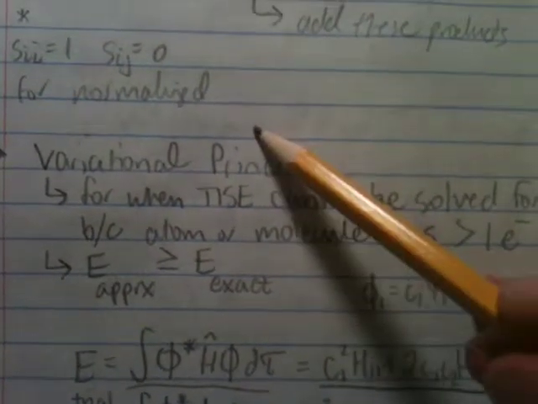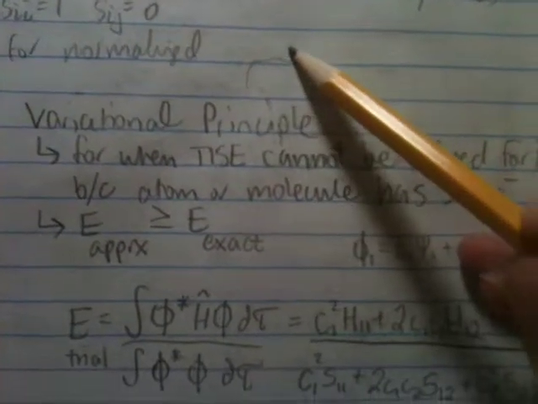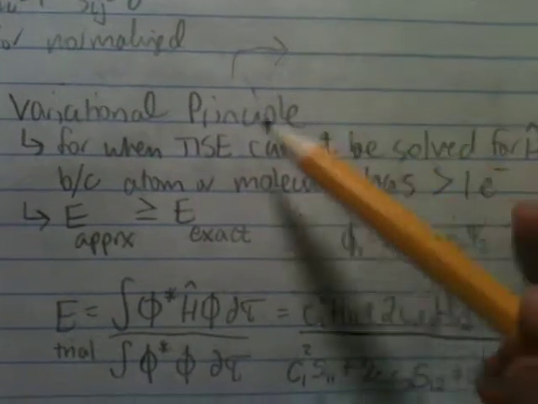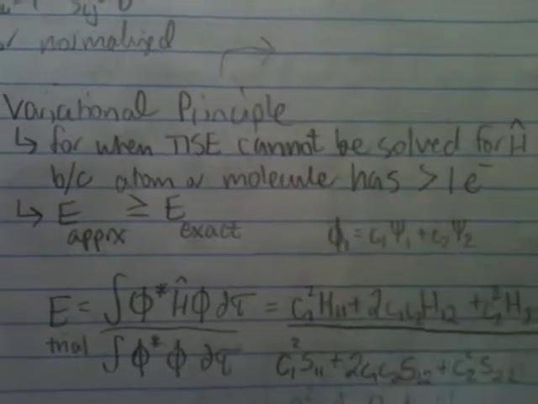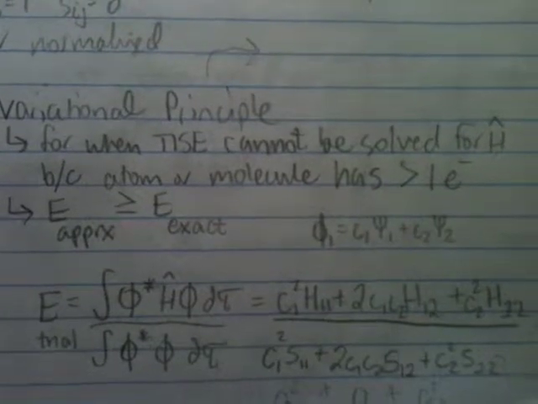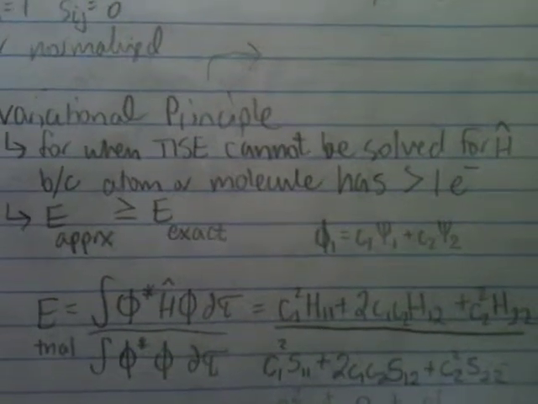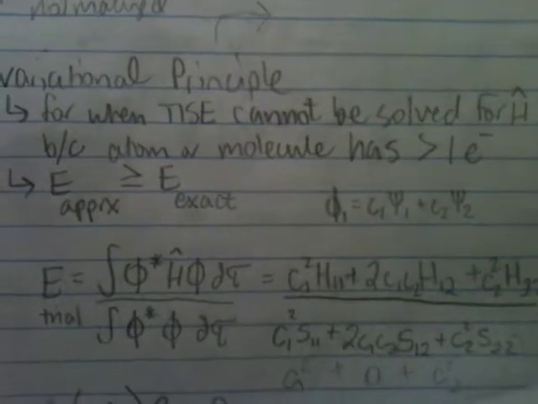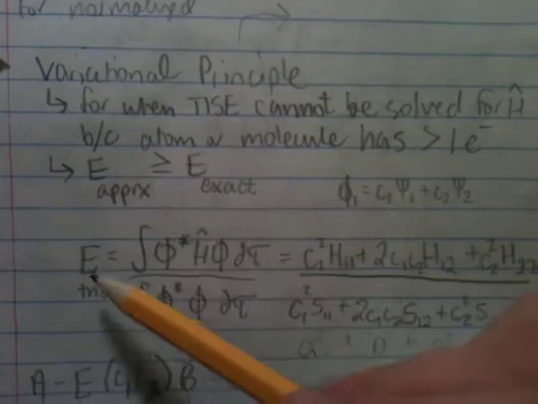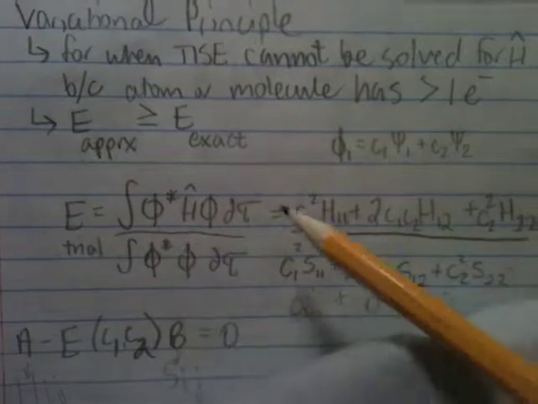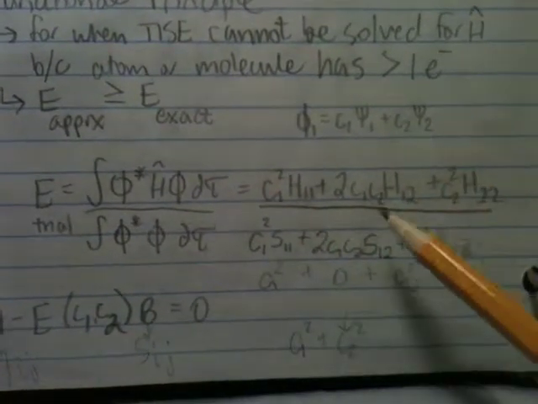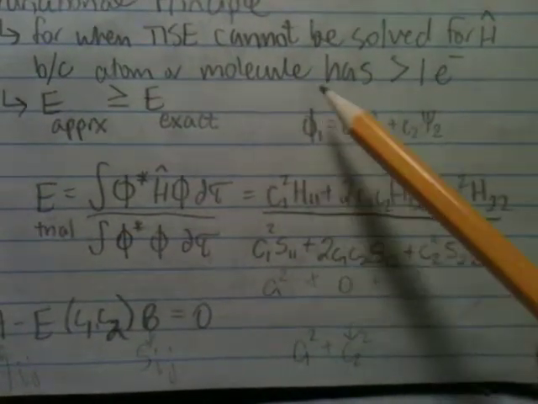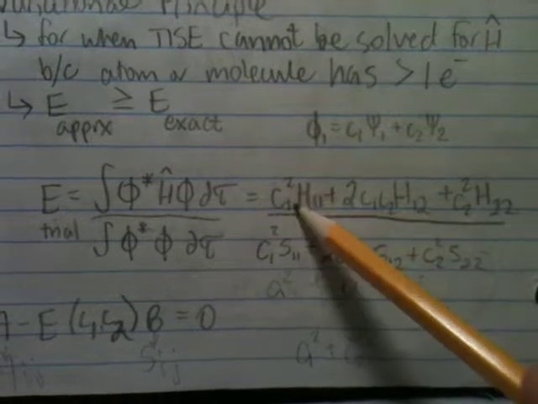Variational principle. This is for when you cannot solve the TISE for the Hamiltonian anymore because there is more than one electron. So you just do an approximation with a trial function that uses some linearly combined wave function.